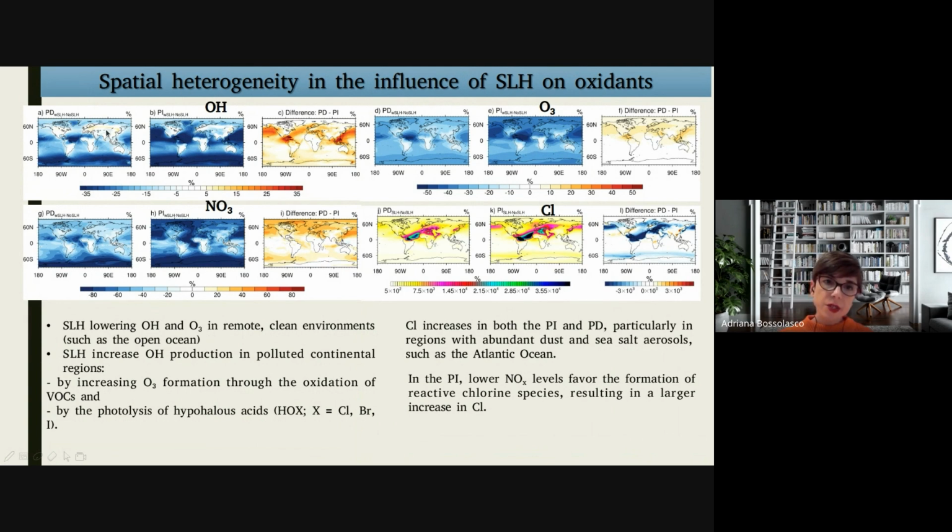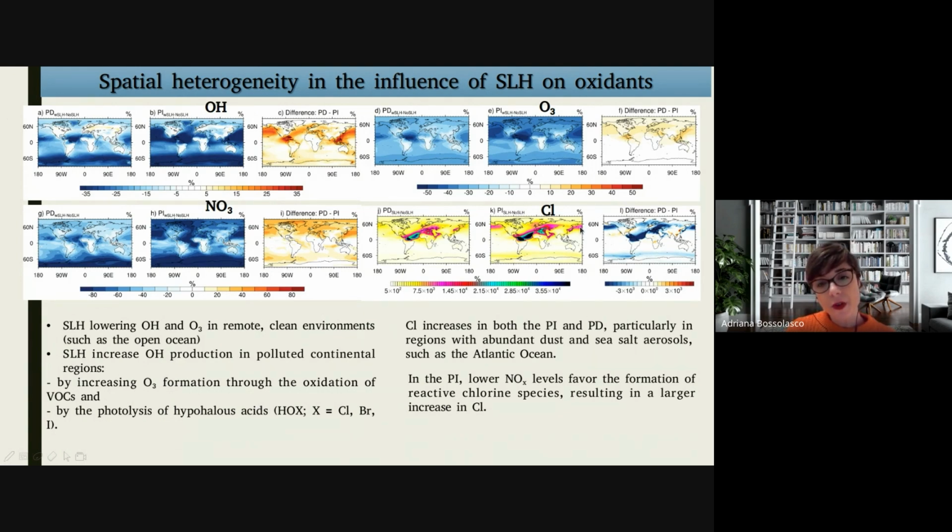But there is also an increase of OH in polluted continental regions, principally in the northern hemisphere. And this is because SLH also induces OH formation through the photolysis of the halogen acids and the increase of ozone formation.